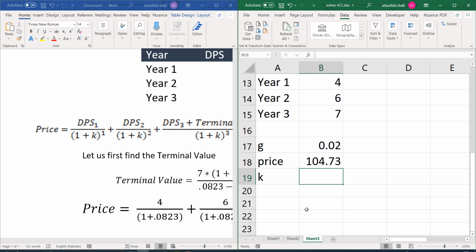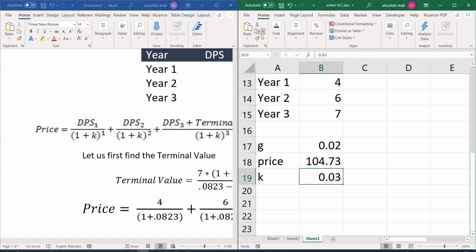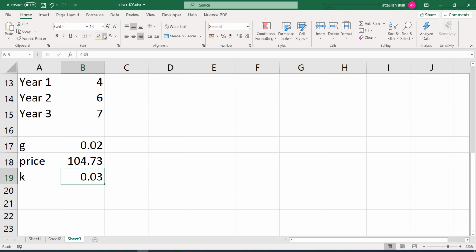Don't worry, even if you don't type anything, Excel will try to find the correct value. So I'm using, let's say the K is given at 3%. Though it is not given, we shall try to find it, but I'm just putting some random value.